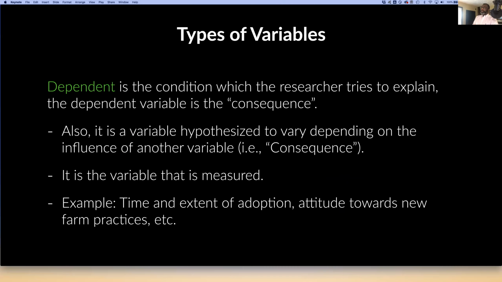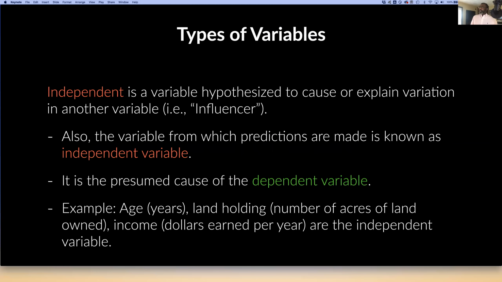The dependent variable is a condition which the researcher tries to explain. The dependent variable is the consequence. It is also the variable hypothesized to vary depending on the influence of another variable. It is the variable that's being measured, such as time and extent of adoption and attitude towards new farm practices. Those are the dependent variables relative to these independent variables.